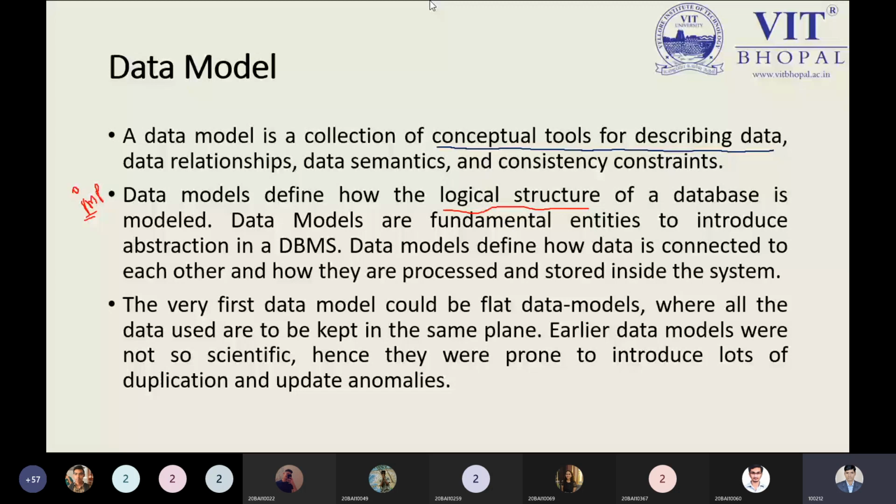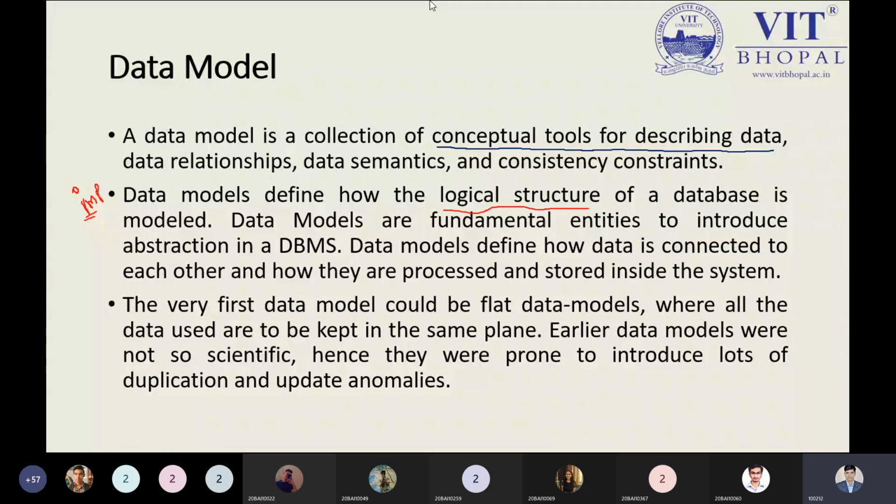As we have studied in our first and second class, flat databases or flat files are not suitable. That's why we have some drawbacks in the flat files that supported the flat data model. So the drawbacks we have seen. To overcome this problem, we have the database management system, and this database management system can be depicted by various data models. And here we have to study the data model. That is the point from which we have to start the data model.